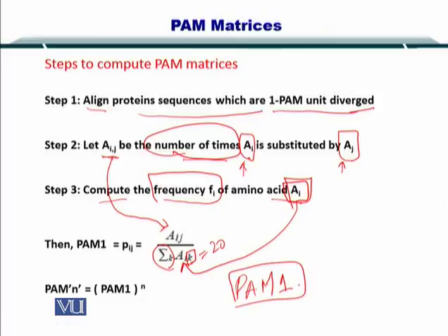And if you want to use PAM2, then you just square this. Similarly, if you want to use PAM n, then you have to multiply PAM1 by itself n times.